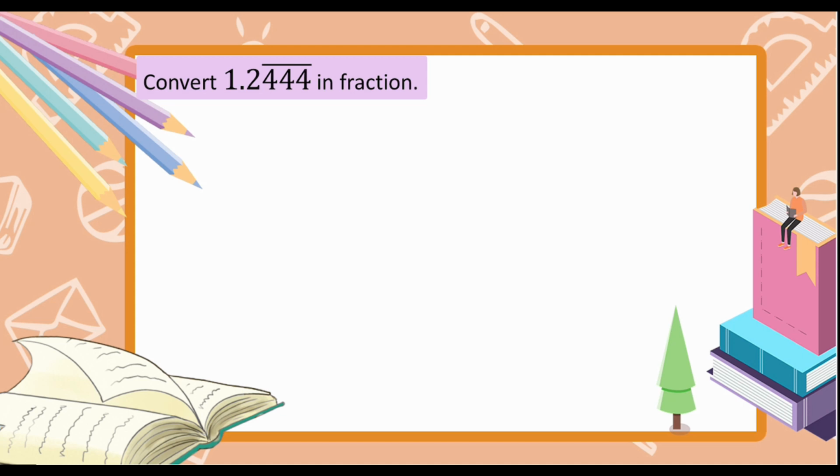Paano naman kung meron tayong repeating digits and non-repeating digits sa ating decimal? Just like this example, convert 1.2444 in fraction. So, what you're going to do is, punta muna tayo doon sa ating denominator. So, let us first determine the denominator by answering this question. Ilan ang repeating digit?